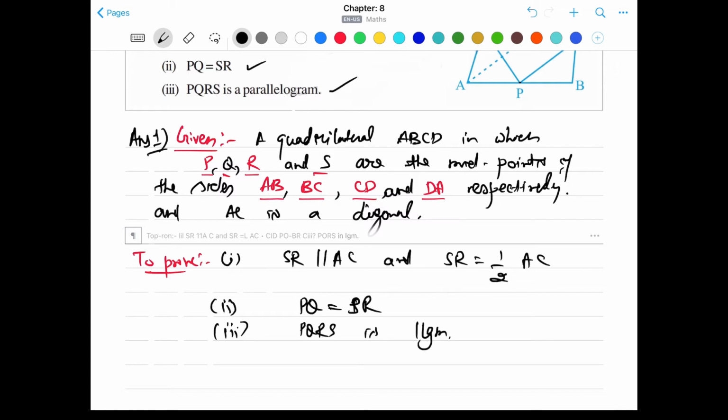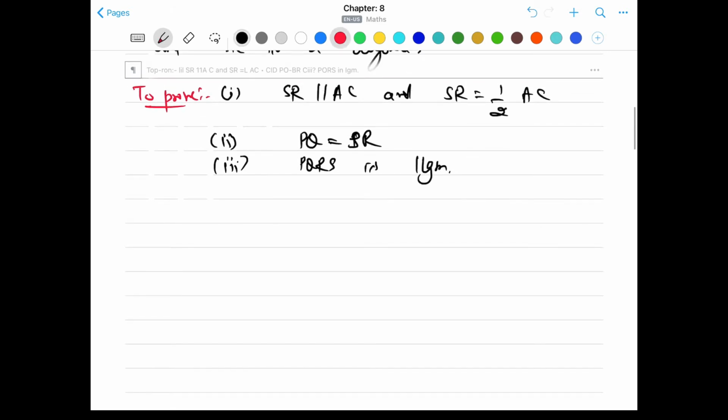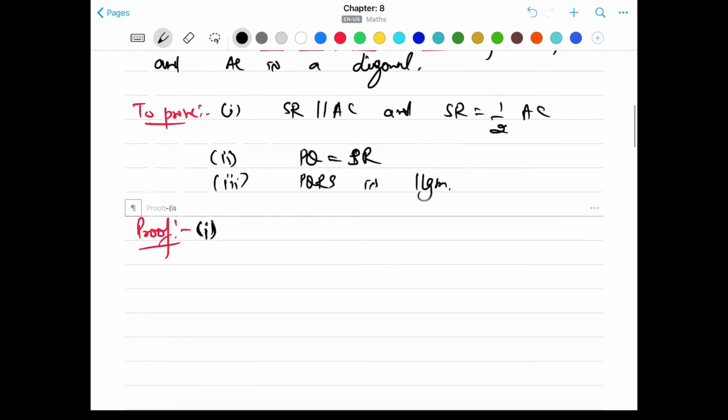So these are the three things which we have to prove here. Let's start the proof with part 1. Here we have to prove that SR is parallel to AC and SR is half of AC.